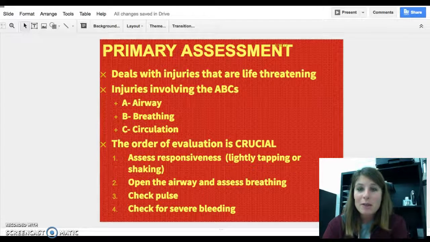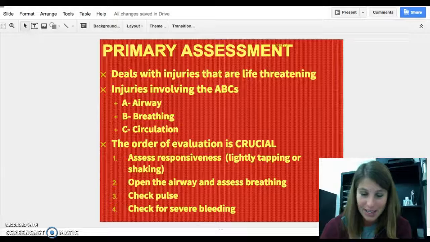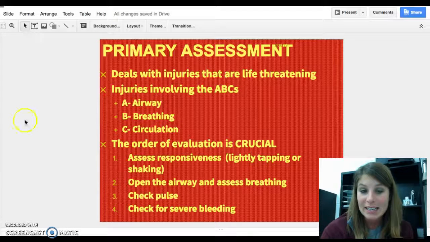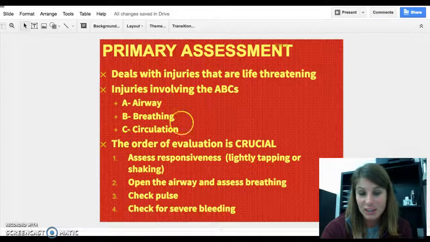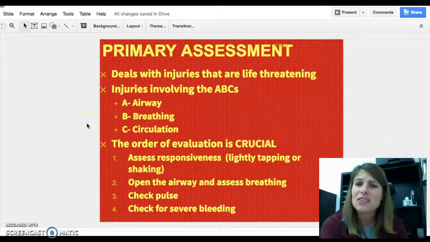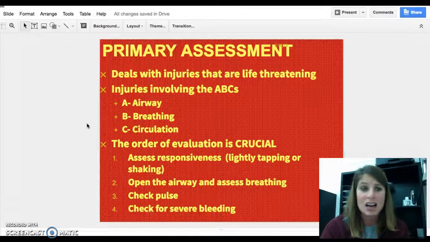So the first part of primary assessment is dealing with the ABCs. The ABCs of first aid is airway, breathing, and circulation. These three things are vital to making sure that somebody is staying alive, staying conscious, trying to figure out what is wrong with the victim.